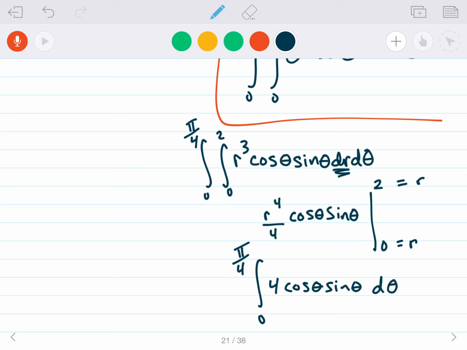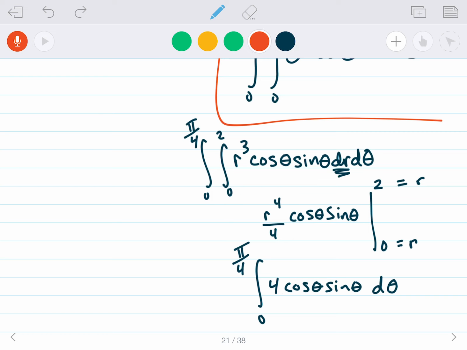But what we could do is we could do a few things. My instinct is to use a trigonometric identity. And that identity is a double angle identity, right? Because I'm in this position and I'm like, okay, well, what am I going to do here? You could do a U substitution right off the bat if you wanted to.